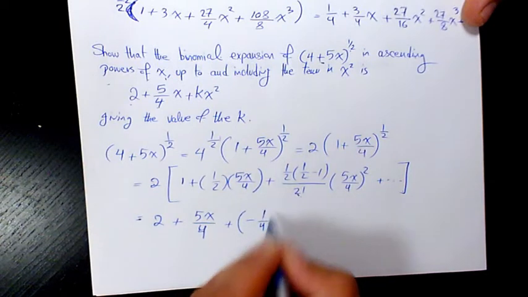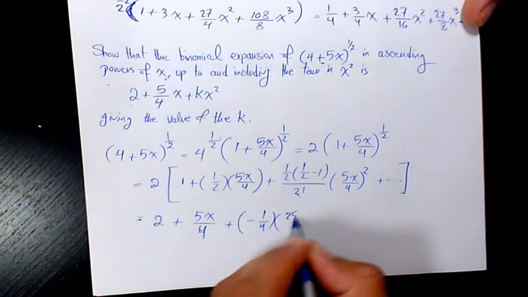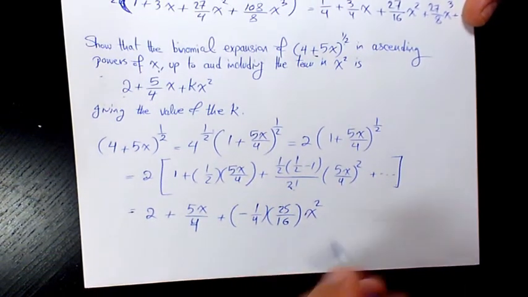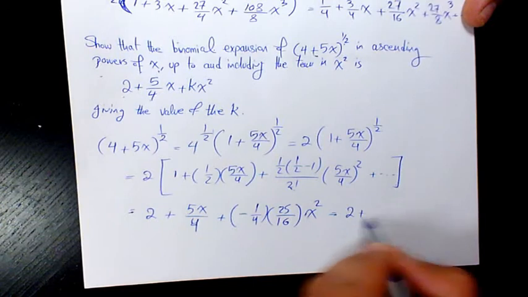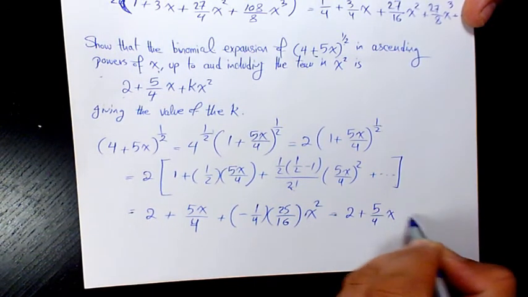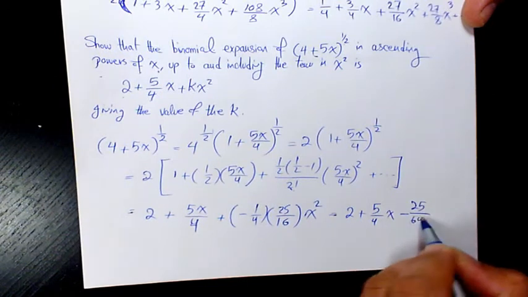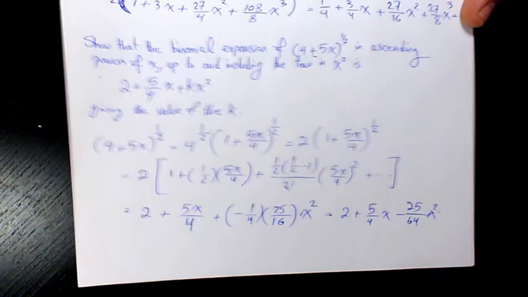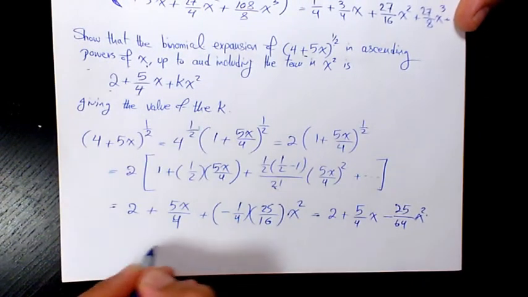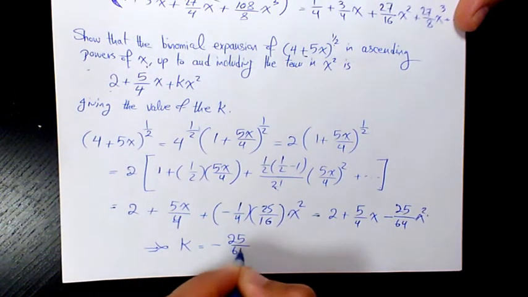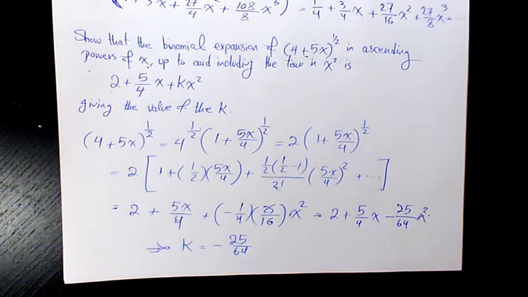This one is 25 over 16 x squared, which will be 2 plus 5 over 4x minus 25 over 64x squared. So the value of k is negative 25 over 64. That's the answer to this question.